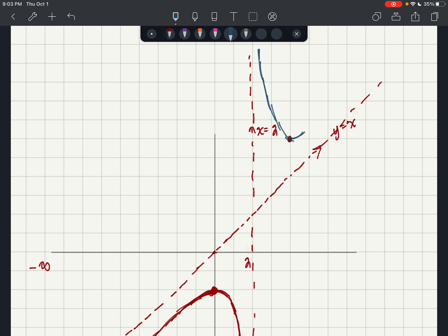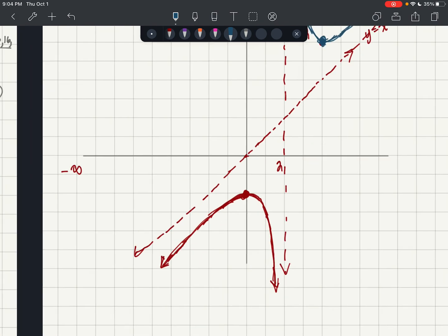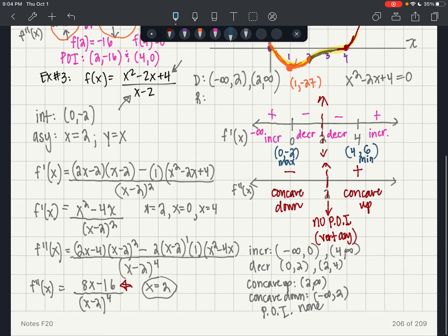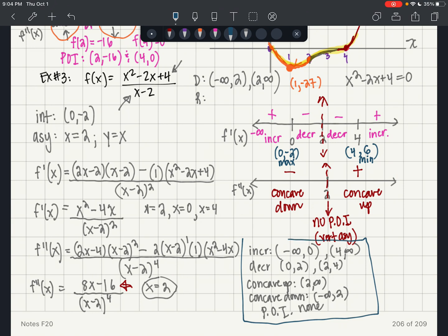We get to a minimum, and it's going to bounce back up. And there we go. It's going to do something like that. And this is concave up. So concave up, concave up. Fantastic, right? It meets everything that we wrote down right here in this box. And more.